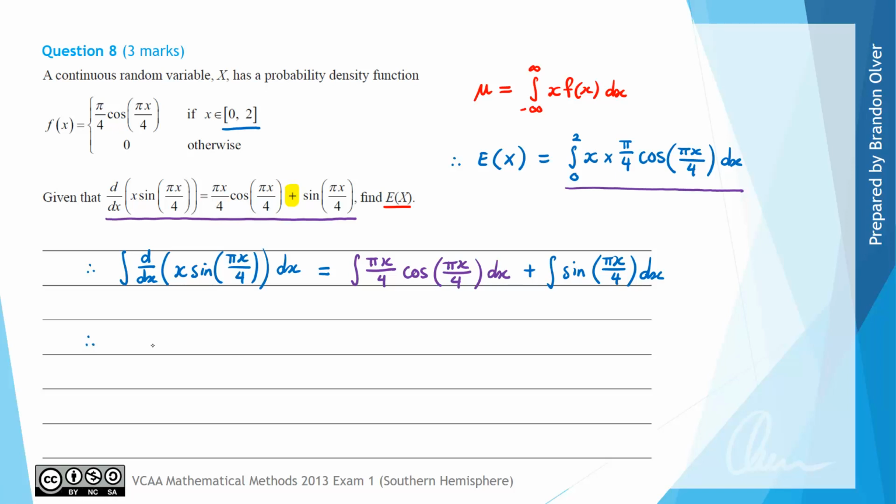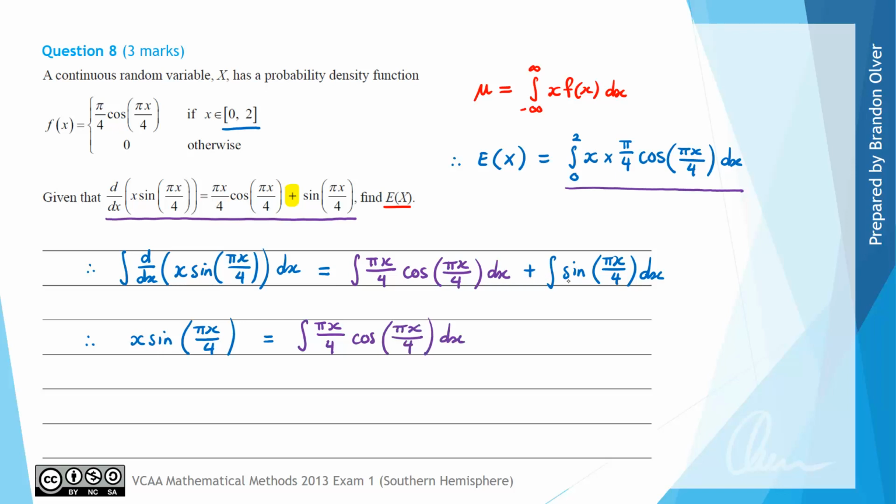Now on the left hand side we have the integral of a derivative, and they are inverse operations, so we are just left with x sine of pi x over 4, and that's going to equal the integral, which I'm putting in purple because that's what we want in order to calculate the expected value, pi x over 4 times cos of pi x over 4.